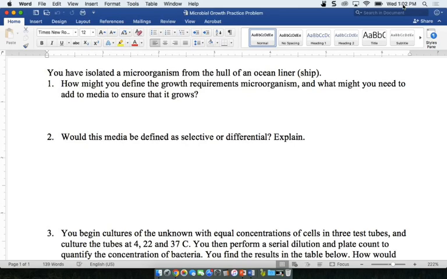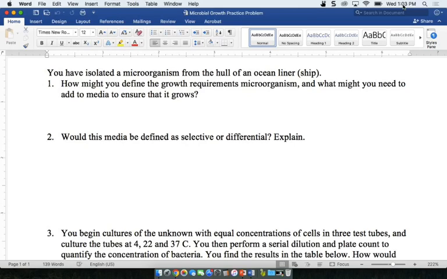So, I wanted to start off where we left off on Monday with this problem. Given the prompt, you have isolated a microorganism from the hull of an ocean liner. What has to be true about this organism's growth? It likes salt, so you have to have salt in the media.